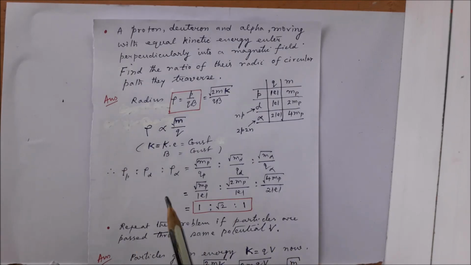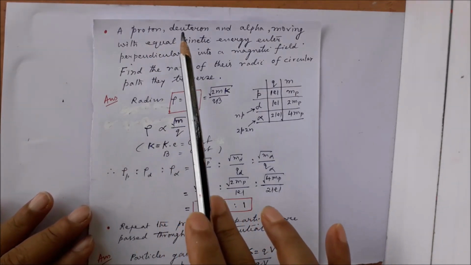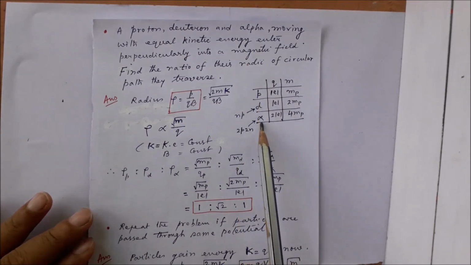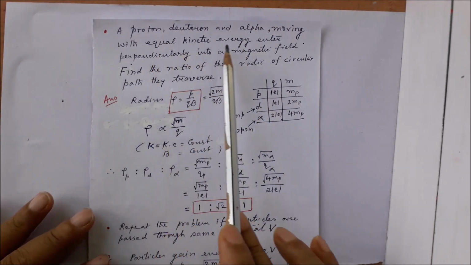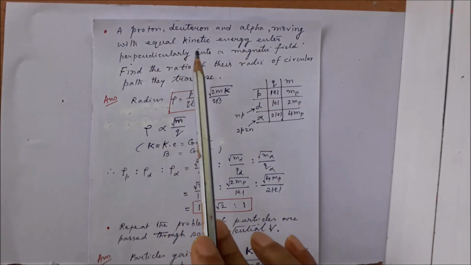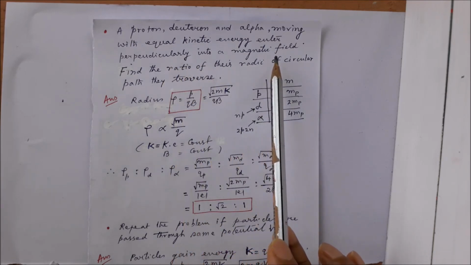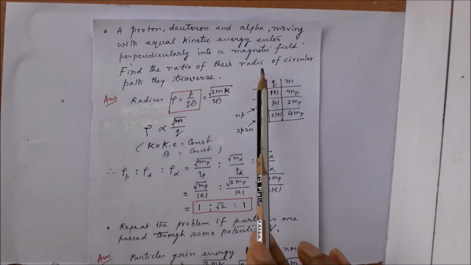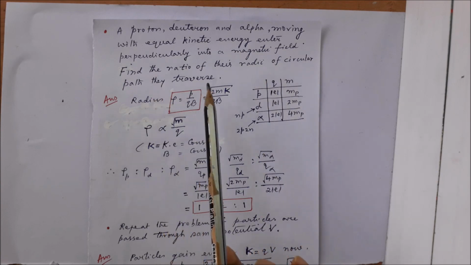Now in this problem there are three particles, one is a proton, one is a deuteron, one is an alpha, and they are moving with equal kinetic energies. They enter perpendicularly into a magnetic field, and we have to find the radii of the circular paths they trace.